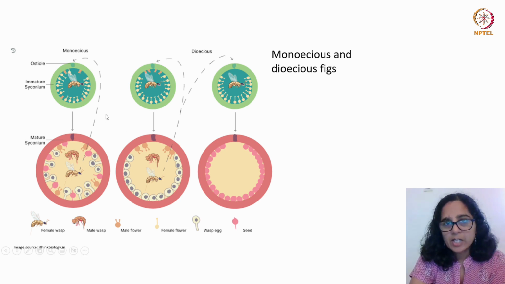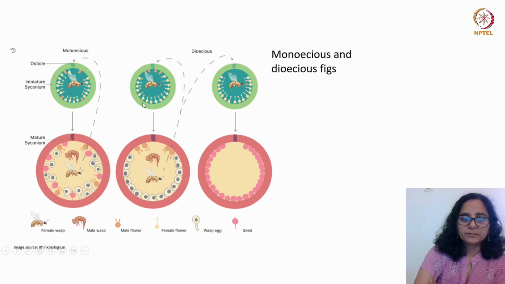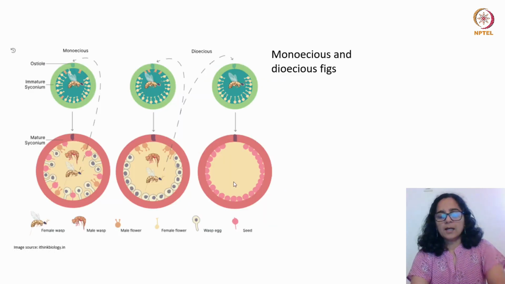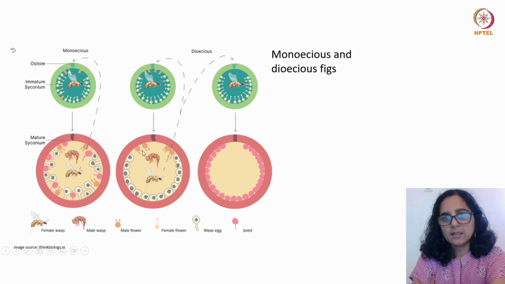Okay, whereas in dioecious there are two kinds. One is basically a hermaphrodite fig. Another is a female, where all the flowers inside a mature syconium will turn into seeds. We'll come to that. Basically, what happens here is, in dioecious figs, let's look at this.